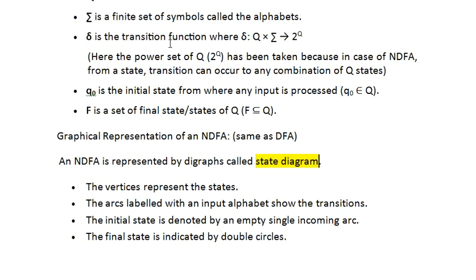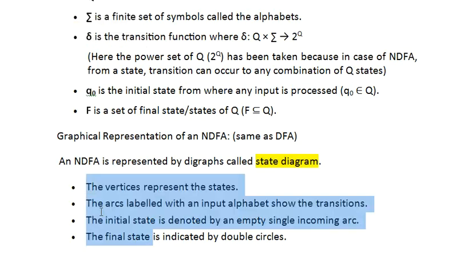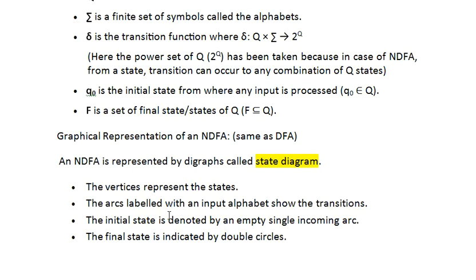The state diagram comprises all these things. You already know about this because you have done deterministic finite automata, and if anyone has not, I urge you to please look back at the previous lectures and it will be very clear to you. So the vertices are represented by the states, that's for sure.